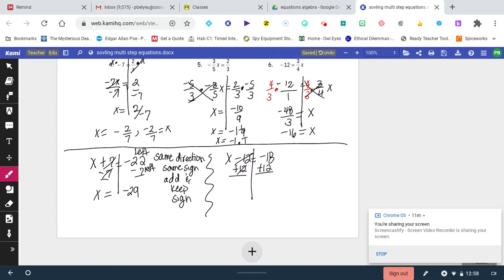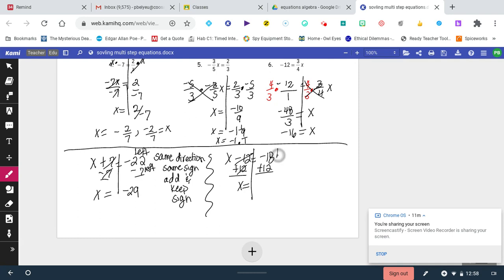Basically, if there's a plus or a minus sign in between your variable and number, see, there's your variable, there's your number, there's a minus sign. Here's my variable, here's my number, there's a plus sign. If there is a plus or a minus in between your variable and your number, that just simply means that it's an addition or subtraction problem, and you need to change the sign on whatever is on the side with X. Make sure you're working on the side with X first, or the side with that variable.